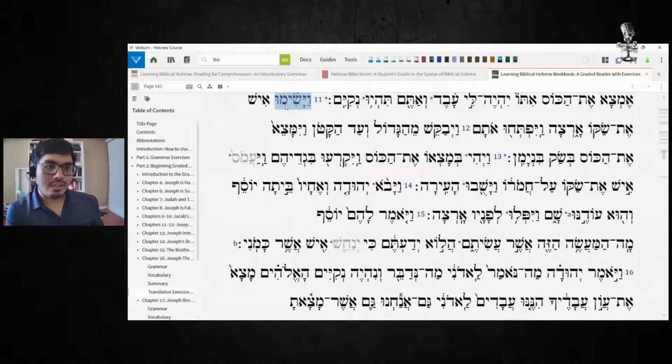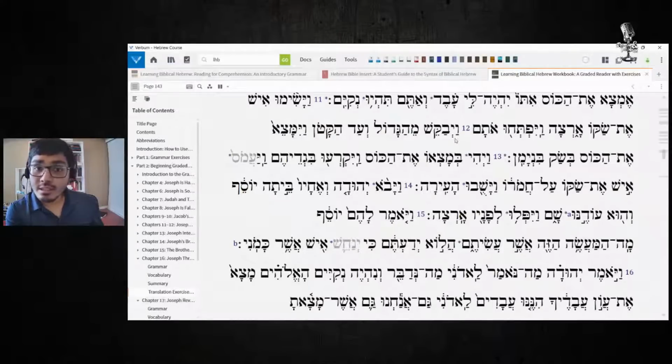Verse 11, Vayasimu ish et sako arza vayiftahu otam. And they placed, each man placed his sack to the groundwards rather, and they opened them. They opened the sacks.